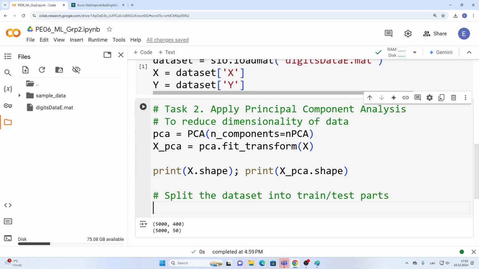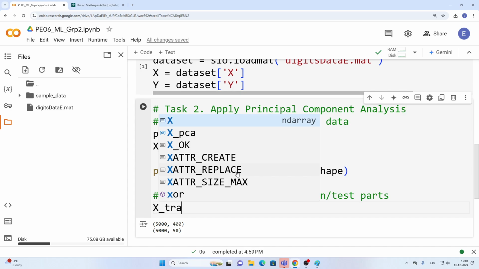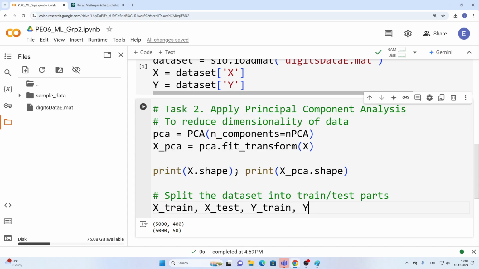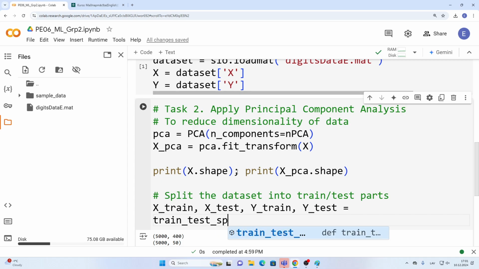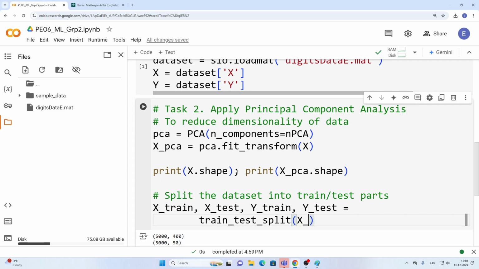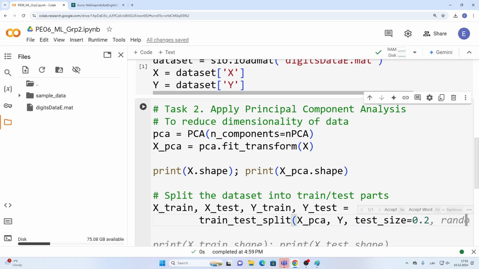For that, we are going to use a function called train_test_split, which we already used many times. xtrain, xtest, ytrain, ytest equal to train_test_split. As input, we will use xPCA. As output, we will use y. As the test size of the sample, we are going to use the same 20% as usually.